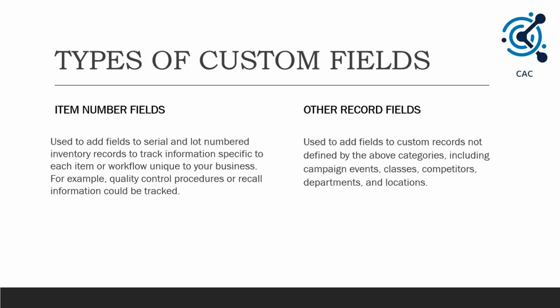And then this other record fields type. Other record fields are used to add fields to custom records that are not defined by anything that we've talked about so far.